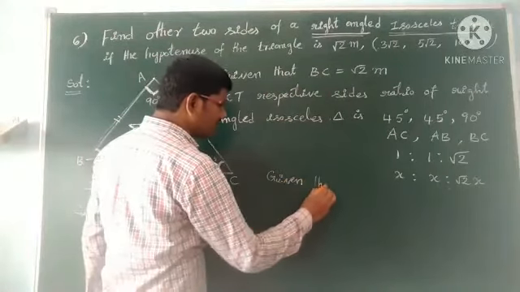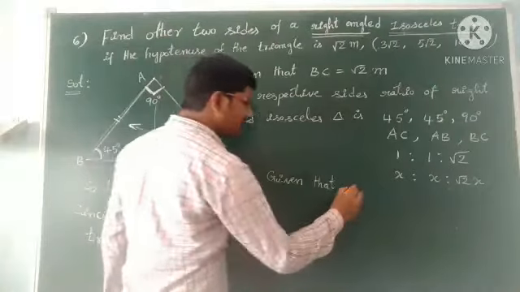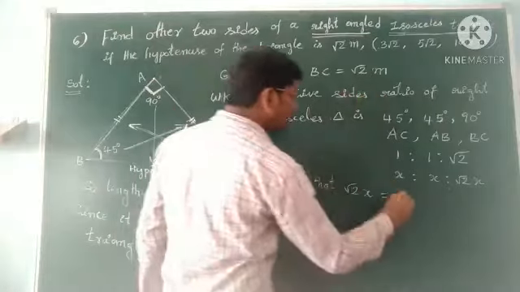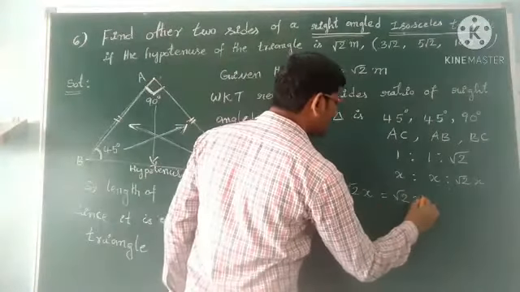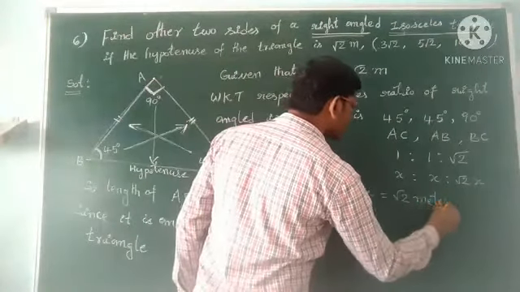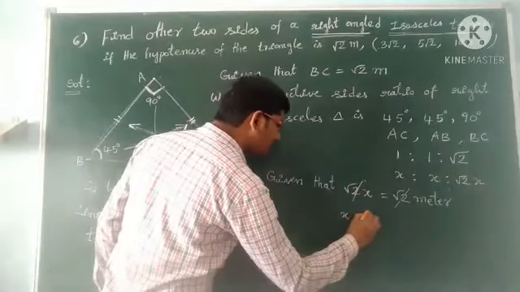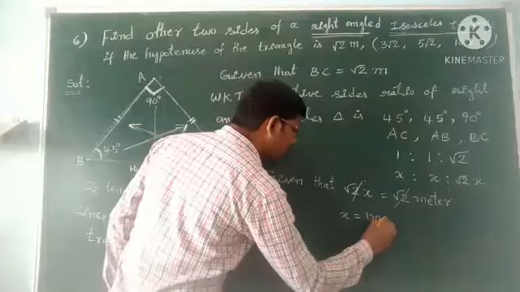Given that √2 into x is equal to √2 meters, √2 gets cancelled, and we get x equal to 1 meter.